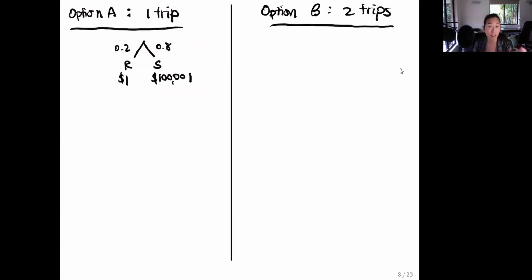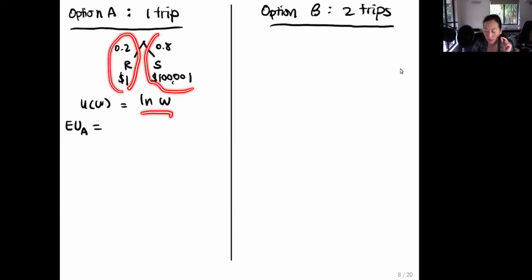What else do you know? You also know her utility function. Her U(W) is equal to log W, right? So you can compute the expected utilities. I call it EUA, the expected utility of option A, which is equal to 0.2 times log of 1 plus 0.8 times log of 100,001. Don't forget that you need to insert the utility function here.